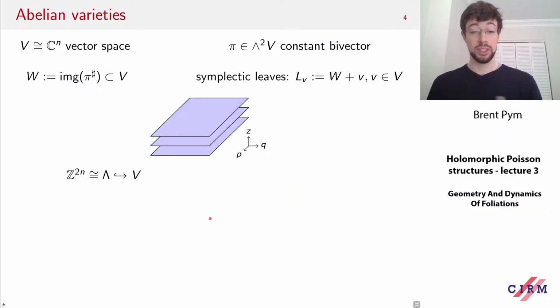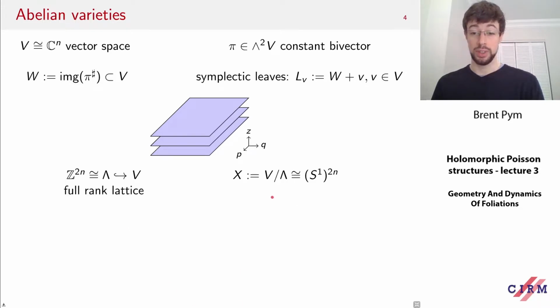Okay, so now let's consider also a lattice Λ inside V. So that's a free Abelian group of rank 2n, which sits inside V and spans it as a real vector space. And then the quotient X, which is V mod Λ, provided that we have this full rank hypothesis, will be a compact manifold, and it will be diffeomorphic to a 2n torus.